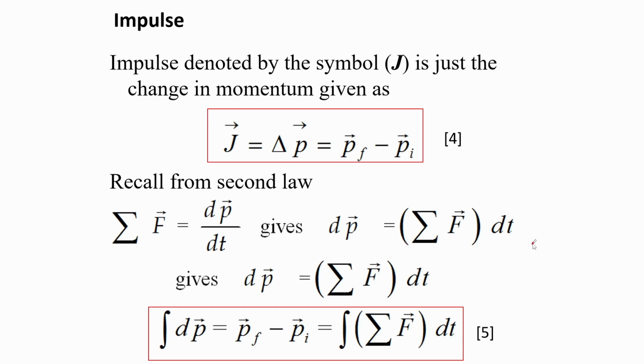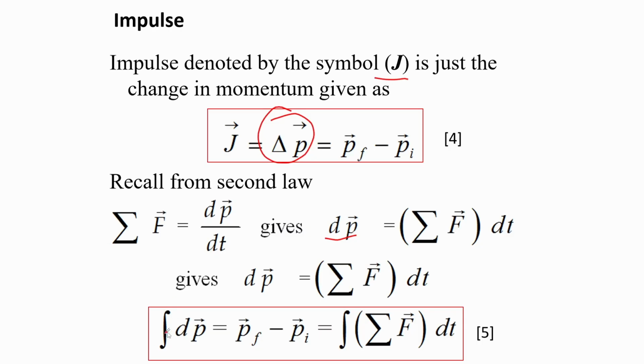Impulse. Impulse is denoted by the symbol J. It's just the change of momentum from initial to some final. From Newton's second law, force F = dp over dt gives us the differential dp as the force times dt. And dp is equal to the sum of force dt.